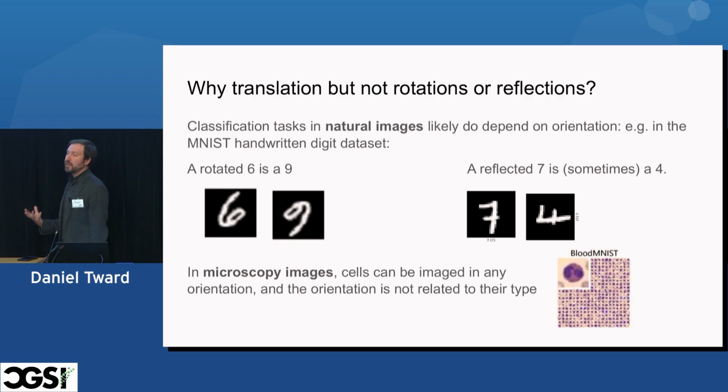So if we designed a system for digit recognition and we built in rotation and reflection equivariance, we actually would do a lot worse. However, in medical images or microscopy images, the cells or the body can be imaged in any orientation, and orientation is generally not relevant, or is relevant only in a very simple way to the task at hand.